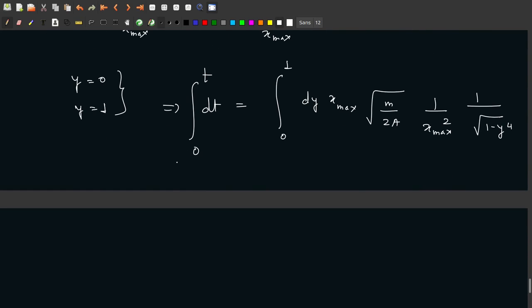What you can find is that this is just the time taken to go from the mean position to the point of maximum extension, that is the amplitude x max.